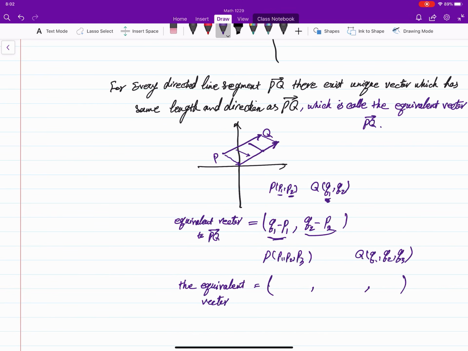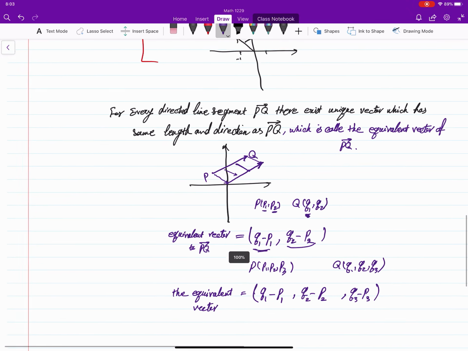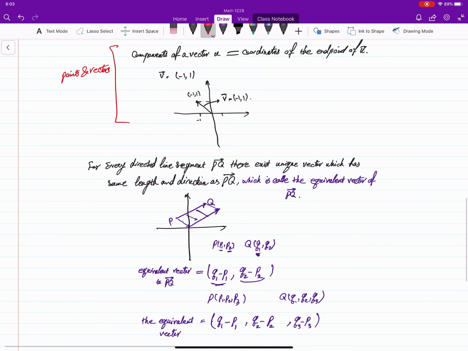For each component, pick the corresponding coordinate of the end point minus the corresponding coordinate of the starting point. For the second one, Q2 minus P2, and for the third, Q3 minus P3. And that's what you need to know. Basically, that's the second relation that we wanted to discuss: directed line segments and vectors.